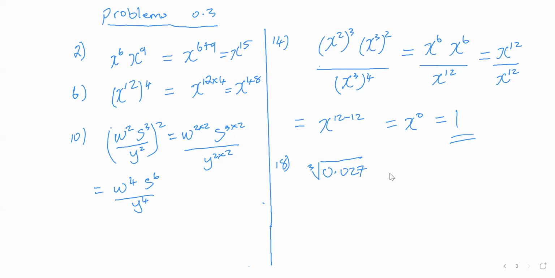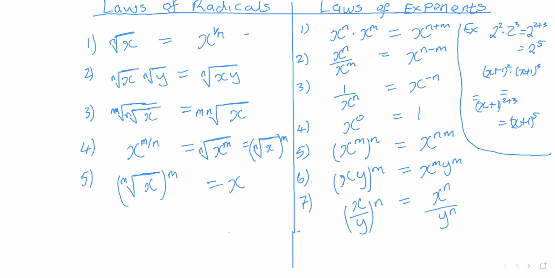So the first thing I want to do is to quickly look at my law over here. Okay, law 5. Law 5 says that I can actually simplify this radical so easily if the index and the power are the same.